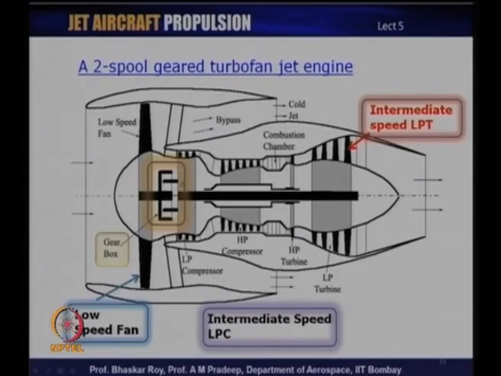So, you can do with a gearbox in between to reduce the speed and run the low speed fan, producing a very high bypass and a very high cold thrust, but still leave the turbine to run at a reasonably high rpm with a reasonable number of stages of turbines to produce all the power that is required to run the big fan. So, this is a mechanical combination which many of the big turbofan designers have adopted.